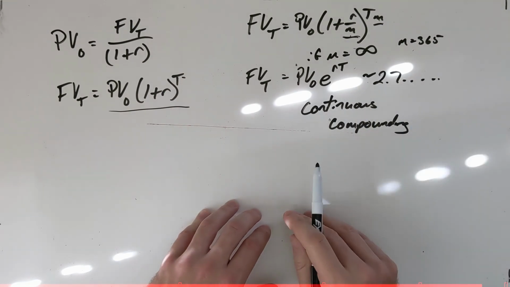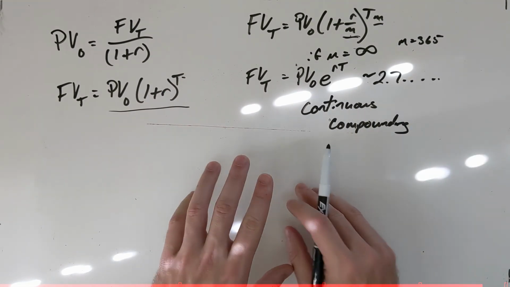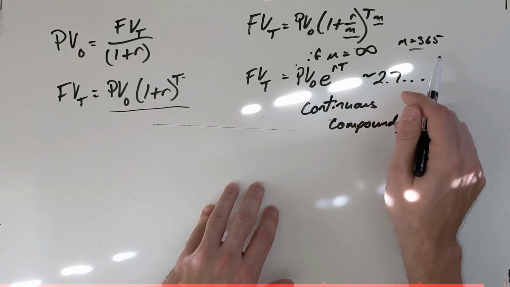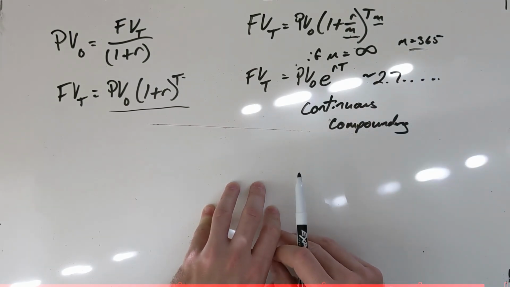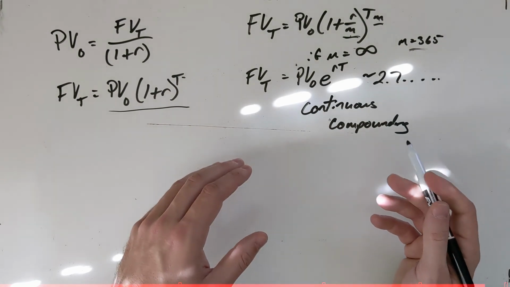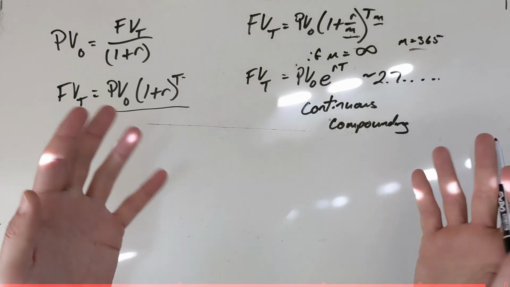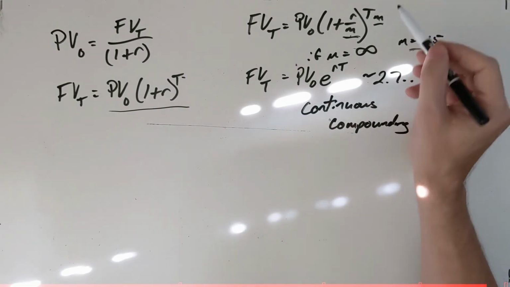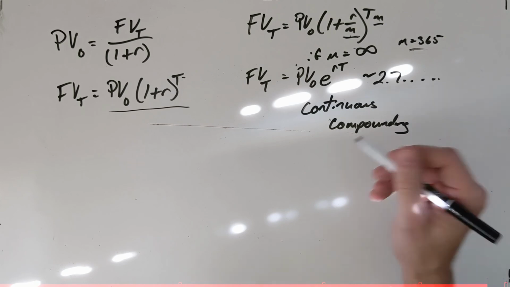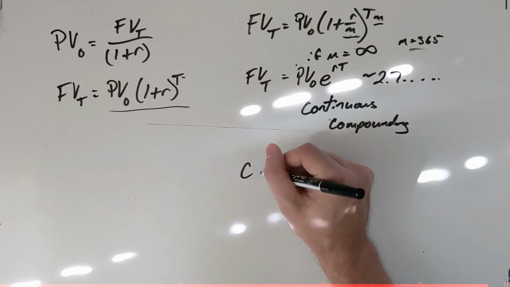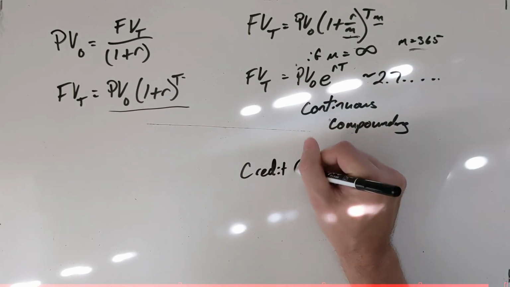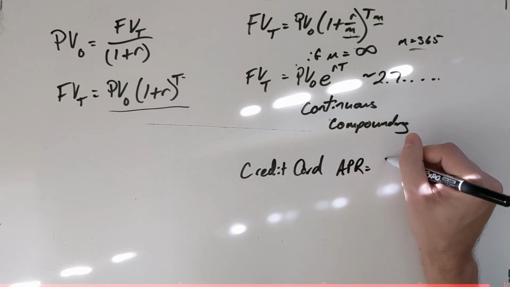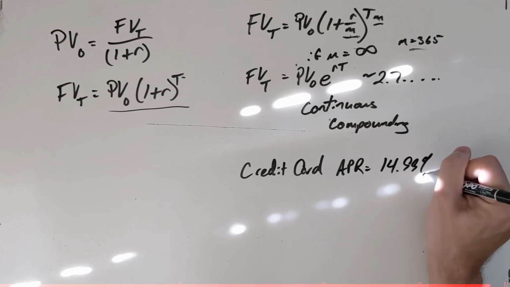Outside of that, you won't see it quite as often. Credit cards will often do monthly or daily compounding. If you're careful, you'll note that your credit card might be doing daily compounding. Now, as the credit card company, why would they want to do that? Well, the higher the compounding, the larger the impact of the interest rate. Let's say that their APR is 14.99%.